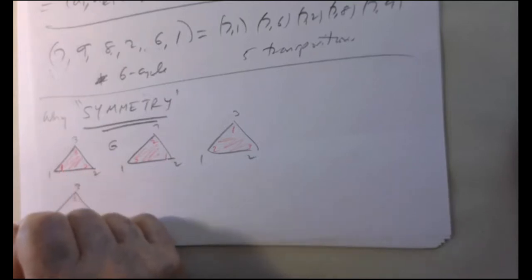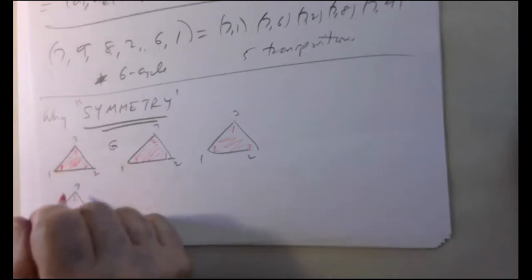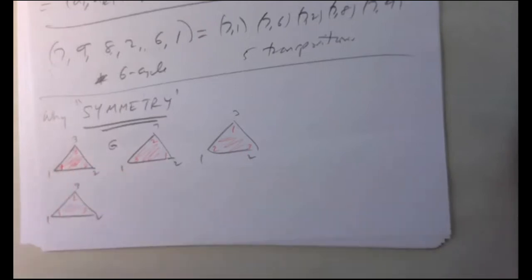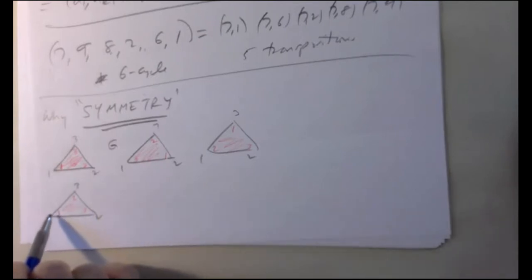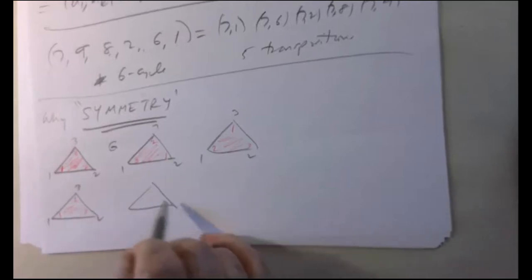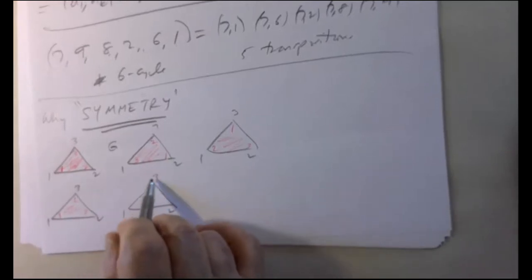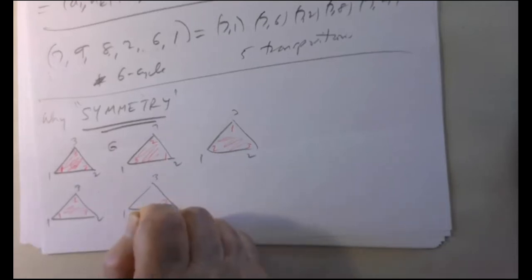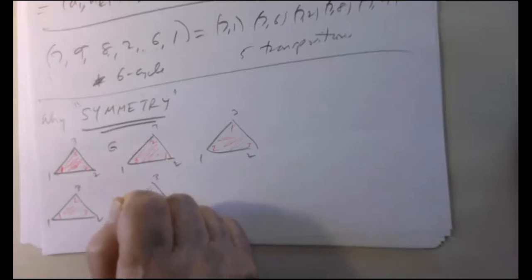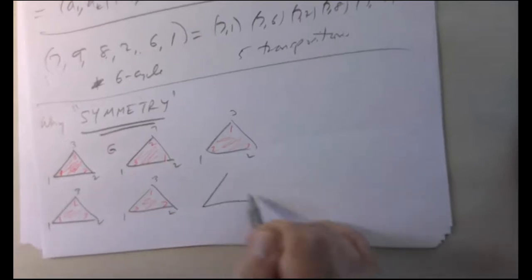It's like I'm rotating it around this line. So I'm fixing this vertex, but I'm flipping the triangle, keeping this vertex fixed. Or I could keep vertex 2 fixed and flip the triangle, so this becomes 3 and this becomes 1.